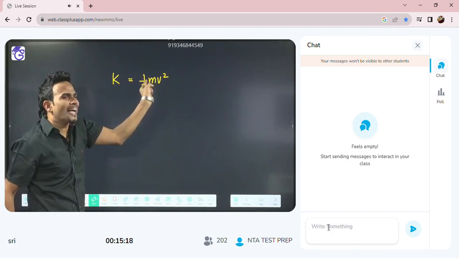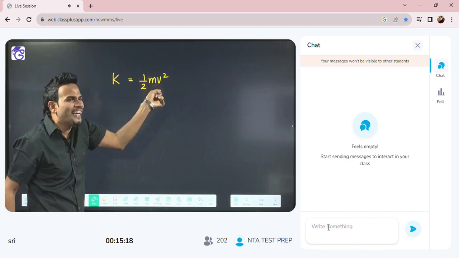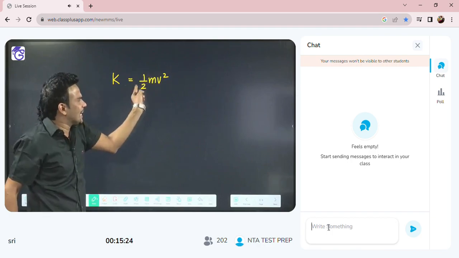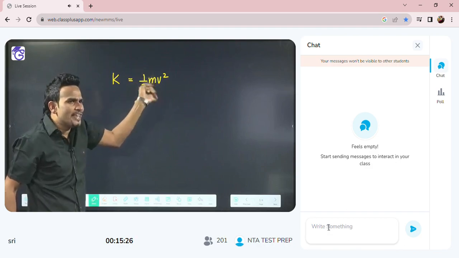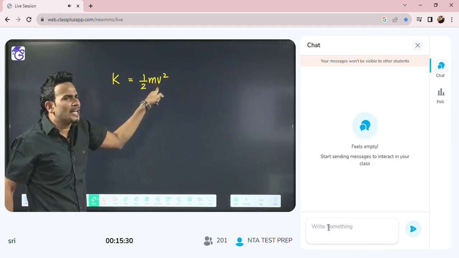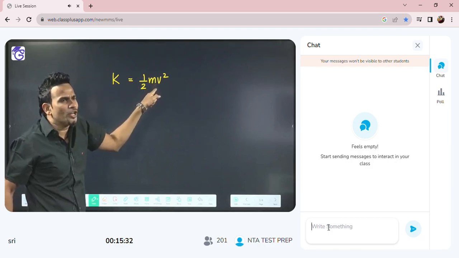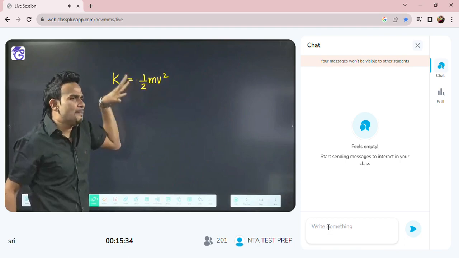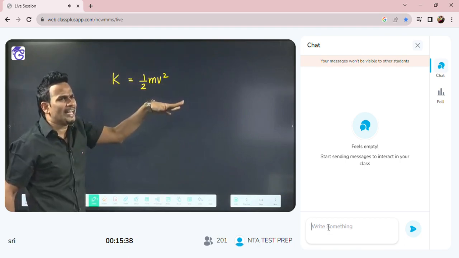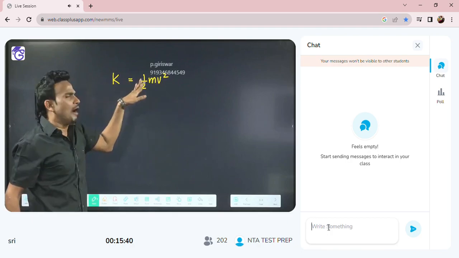V is actually the magnitude of velocity, that is the speed. People make a mistake here. Never think that in kinetic energy half m into v square, v is the velocity. That is wrong. V is the magnitude of velocity, your speed. So whenever any body of mass m moves with speed v, it will always have kinetic energy K equal to half mv square.